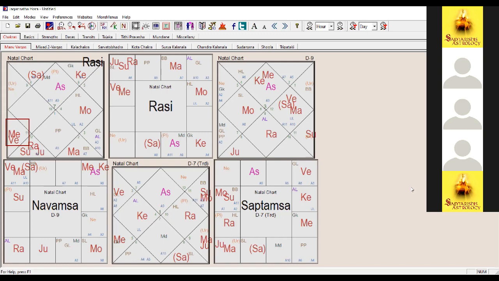Now you can see the moon is located with the sun in the Aquarius sign in the D7 chart, so you have to include the sun also. Now see where the sun is located. The sun is in the sixth house with Rahu and Jupiter. It means in your notes write down the sun also. The sixth house you have already written. Include the sun.